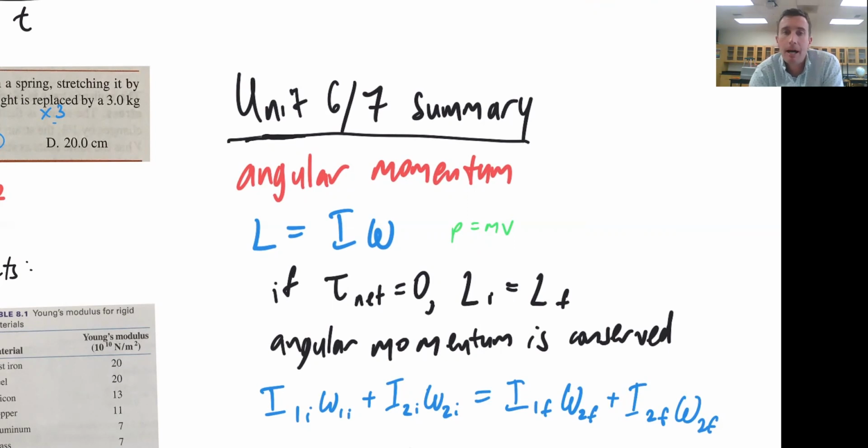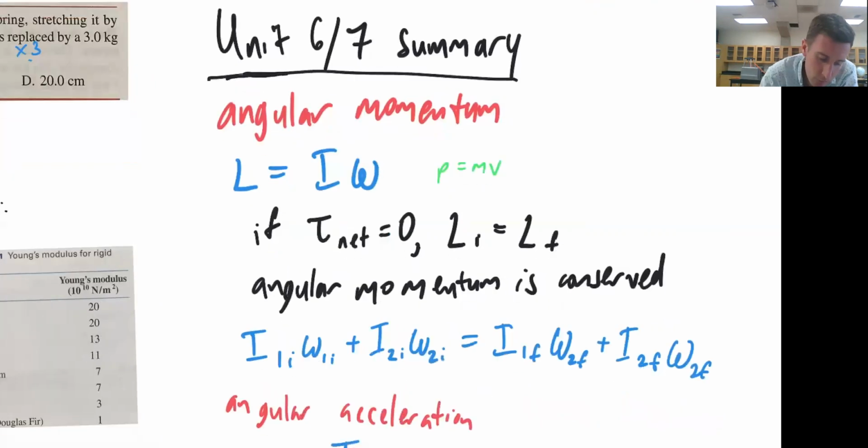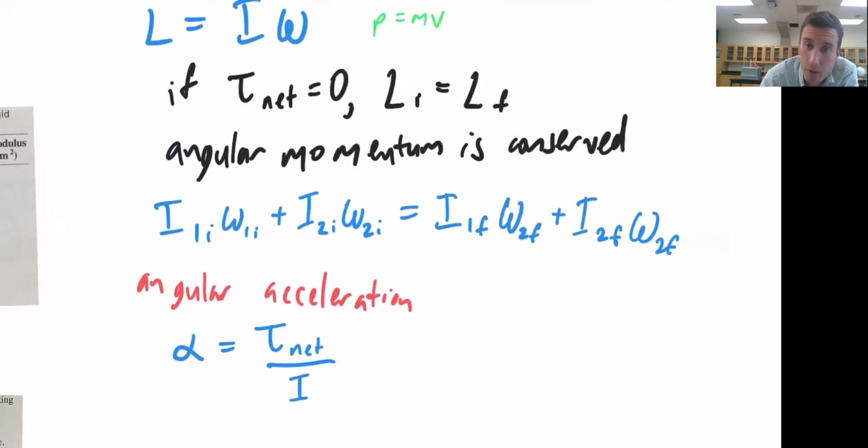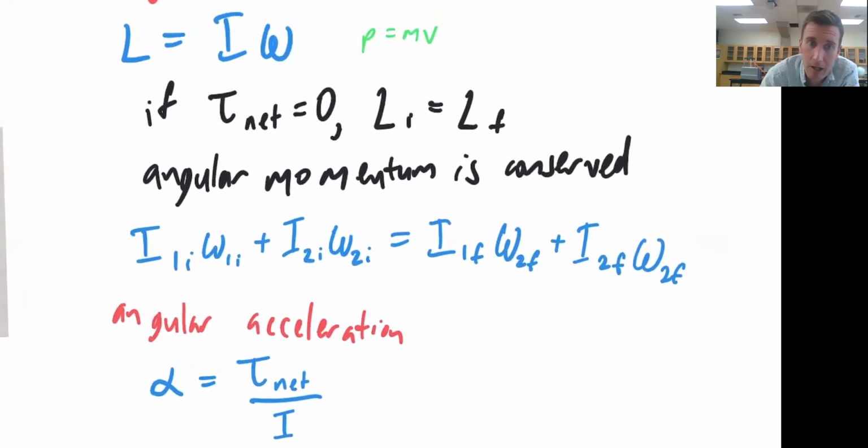Now, if the net torque is equal to 0, then angular momentum is conserved. The initial momentum is equal to the final momentum. So that would be like if there's no net force for linear momentum. If there's no net torque, then we have conservation of angular momentum. And I can write that equation just the same as I wrote my linear momentum equation for conservation.